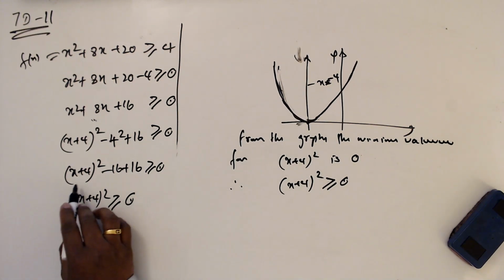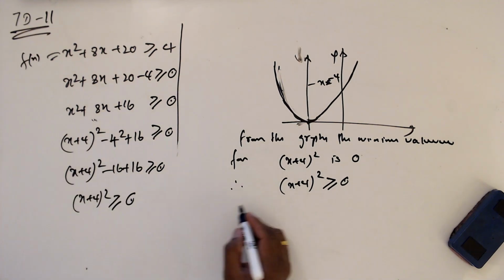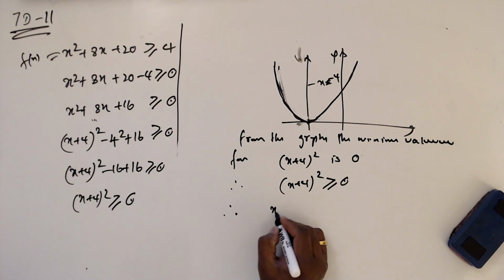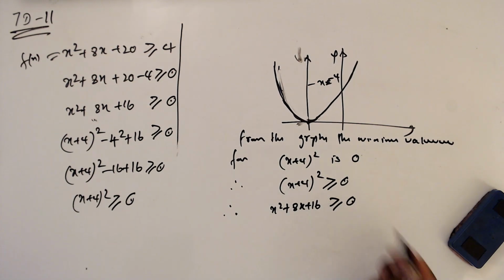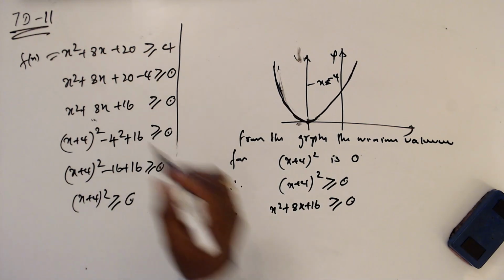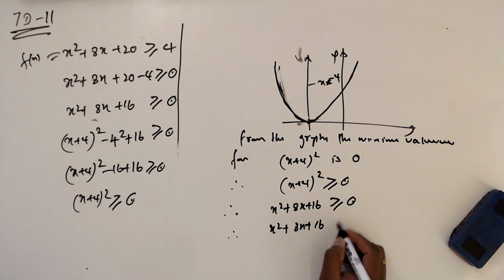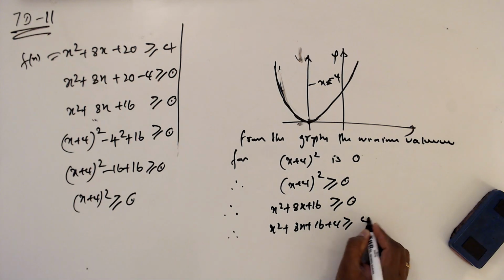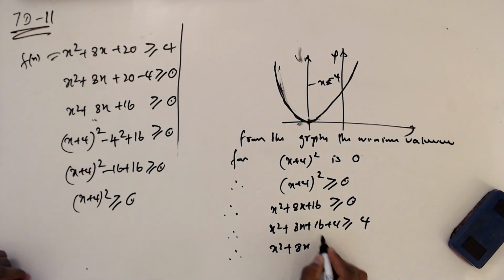Right? (x plus 4) square means this one. It means x square plus 8x plus 16 greater than or equal to 0. Then we have to add 4 to both sides. In x square plus 8x plus 16 plus 4 greater than or equal to 4. Right? Hence, x square plus 8x plus 20 greater than or equal to 4.